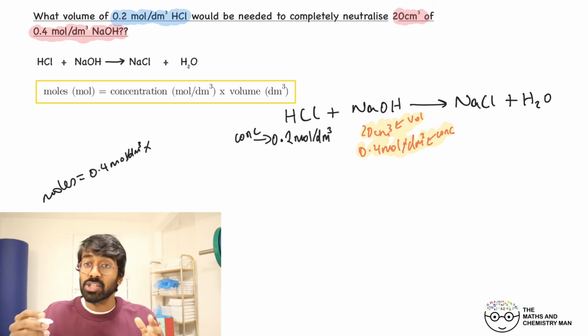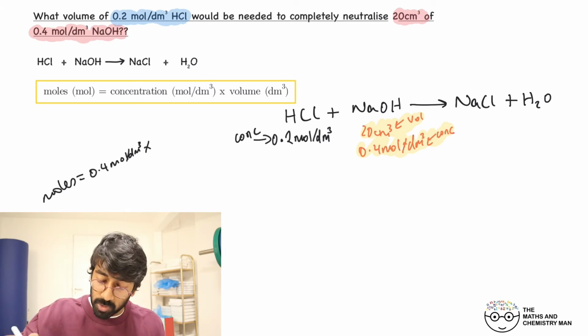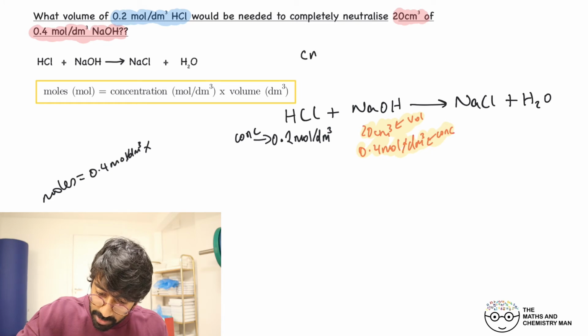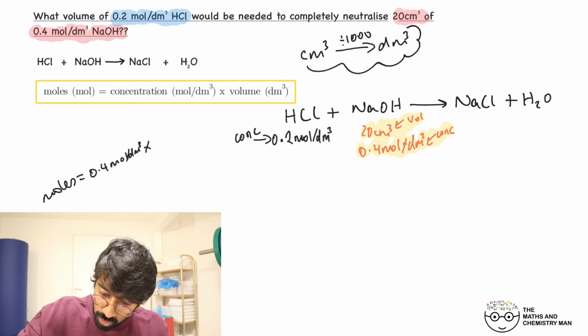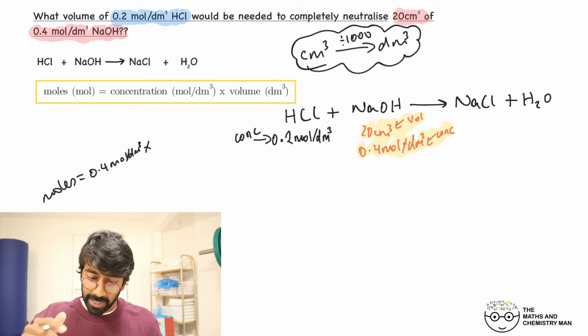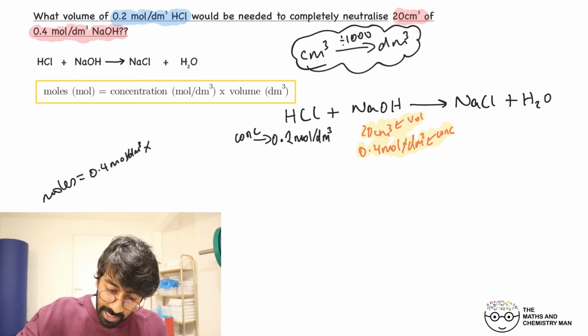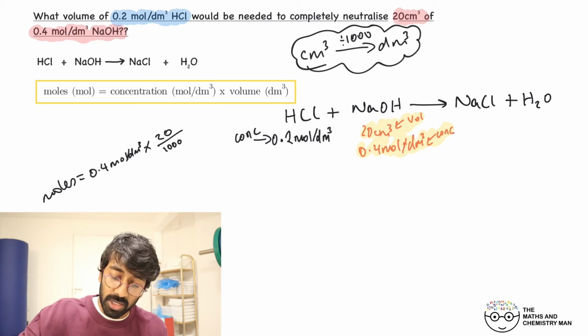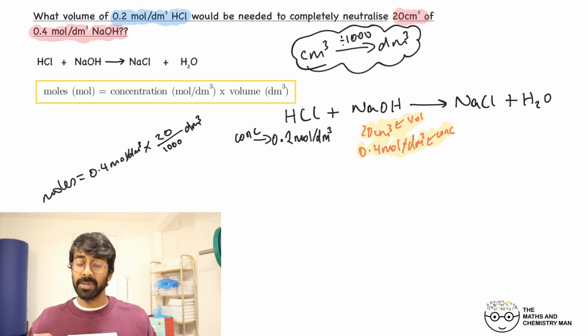So how do you convert it into dm cubed? Well, to change cm cubed into dm cubed, you divide by 1,000. So do not forget that, right? Write it down somewhere, highlight it so you don't forget it. So what we need to do is times it by 20, but that's in cm cubed, so we divide by 1,000, and that will turn it into dm cubed.